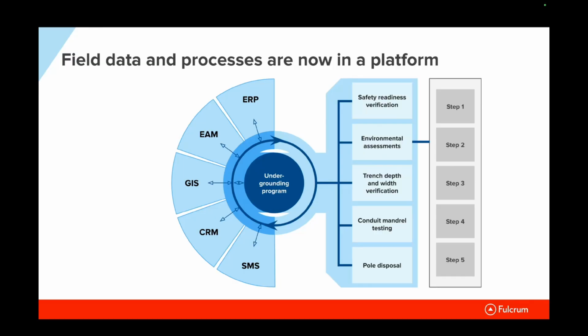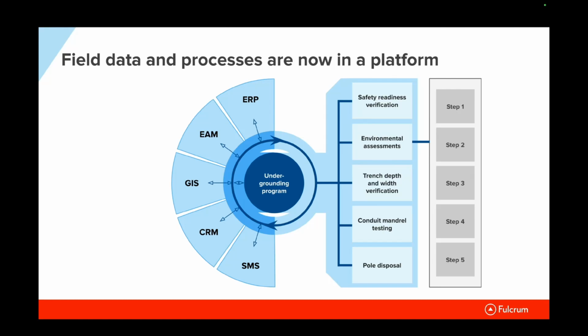including getting the appropriate data from the various systems of record, performing the steps necessary to execute a task, and then taking the results of those steps and pushing that information back into the other systems of record and making it available for the people who are managing the undergrounding program.